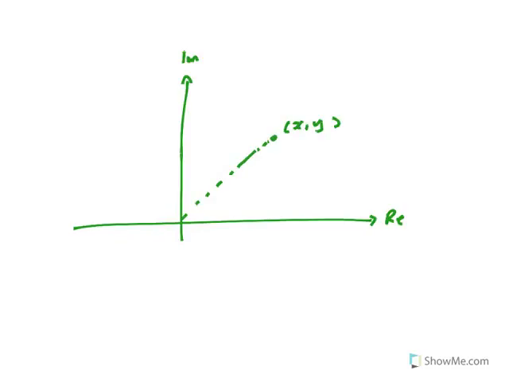Let's say for mod z, I call this r. This part is r. This part will be y, and this part will be x. In a sense, there's a right angle triangle here.